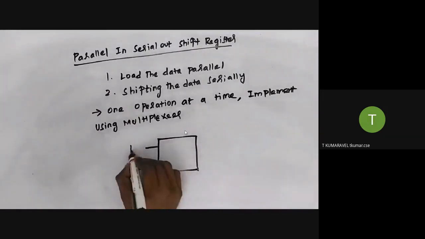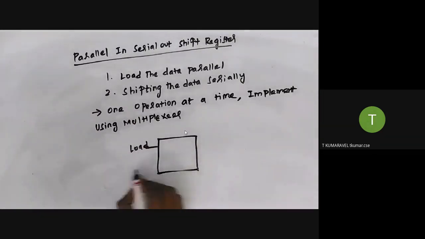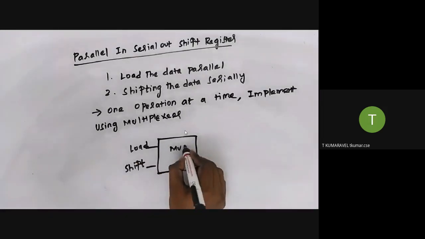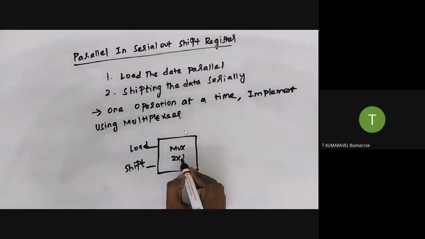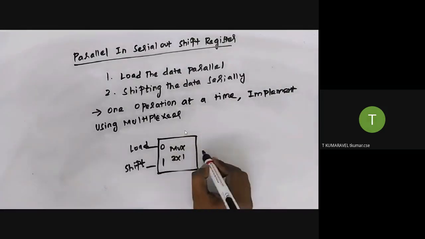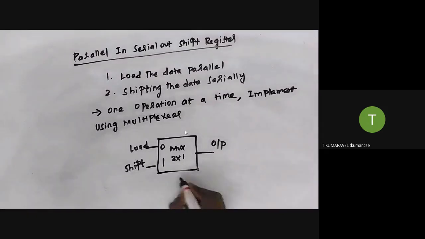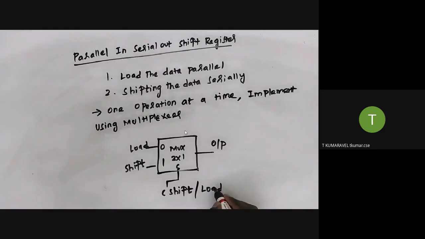This is the load, and here I'm providing the shift. This is the input for a 2 by 1 multiplexer. What is the meaning? 2 bits are input and it produces a single output. Control signals are available: either shift or load bar.